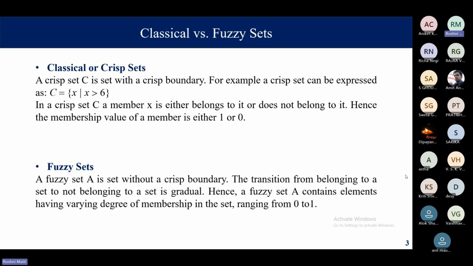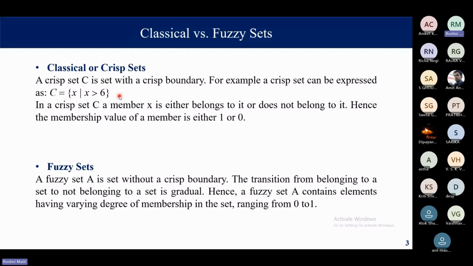First, here we have the classical set, which is known as the crisp set, and another one is the fuzzy set. Whenever we have the crisp set, it mainly depends upon the model.